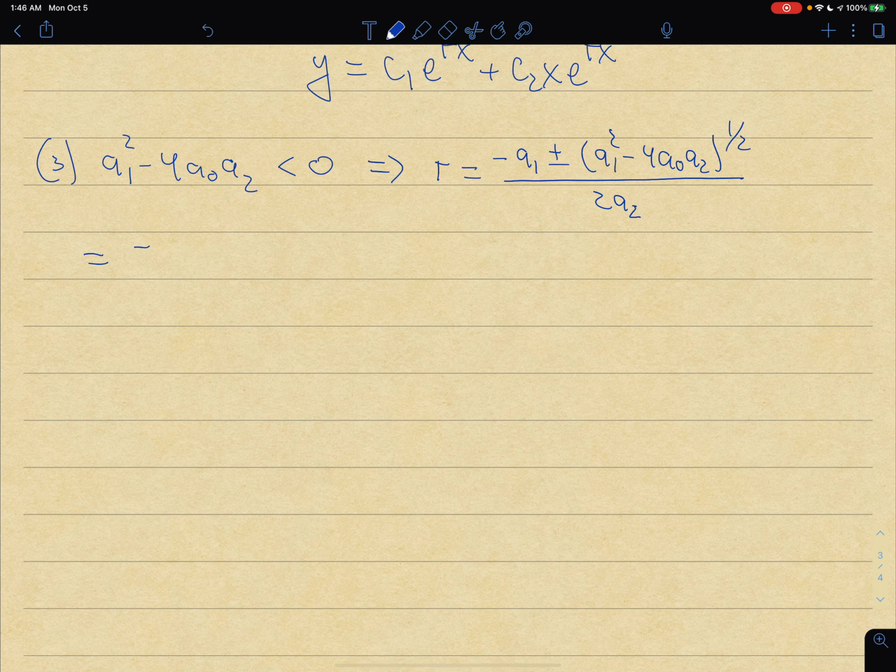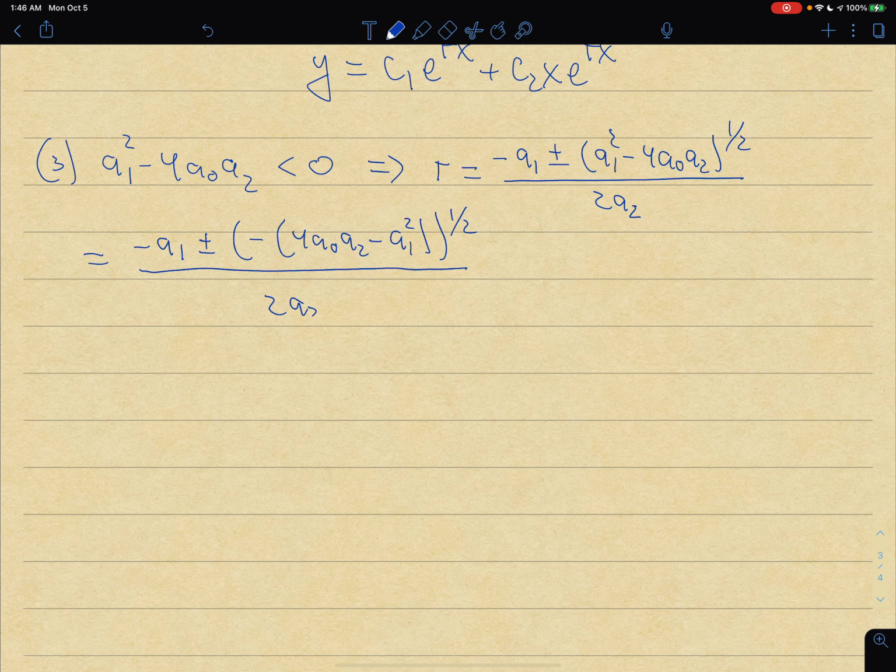So this is minus a1 plus or minus, I'm going to factor out a minus sign inside the square root, so that I'll have minus (4a0 a2 minus a1 squared) to the power 1/2. So if this quantity is less than 0, then minus of that quantity is positive, it's greater than 0.